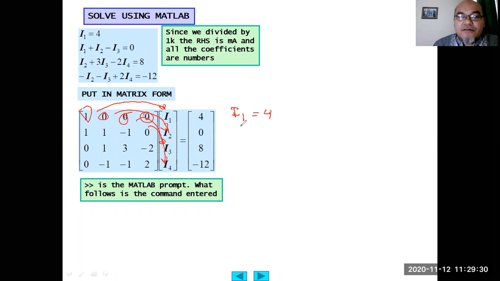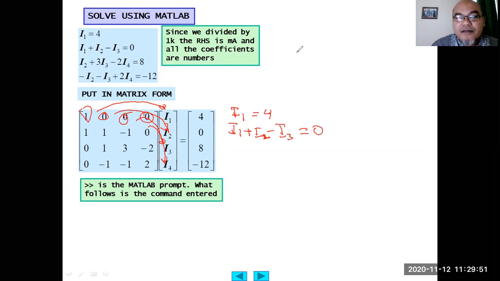Then the second row will be I1 plus I2. The unknown variables are the ones in the middle. So I1 plus I2, sorry, negative I3 plus 0 times I4, equals 0.